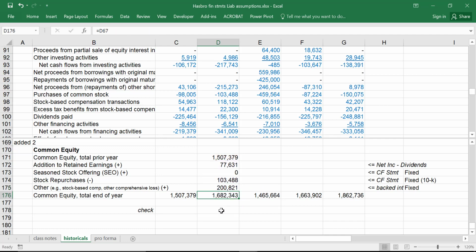Okay, and we'll do a little check down here because I could have made a mistake in my formula here. All right, so do a little check here. So we would take, again, this figure plus this retained earnings plus any seasoned equity offering, subtract out the stock repurchases. We're treating this other as a positive figure, so we would add it.